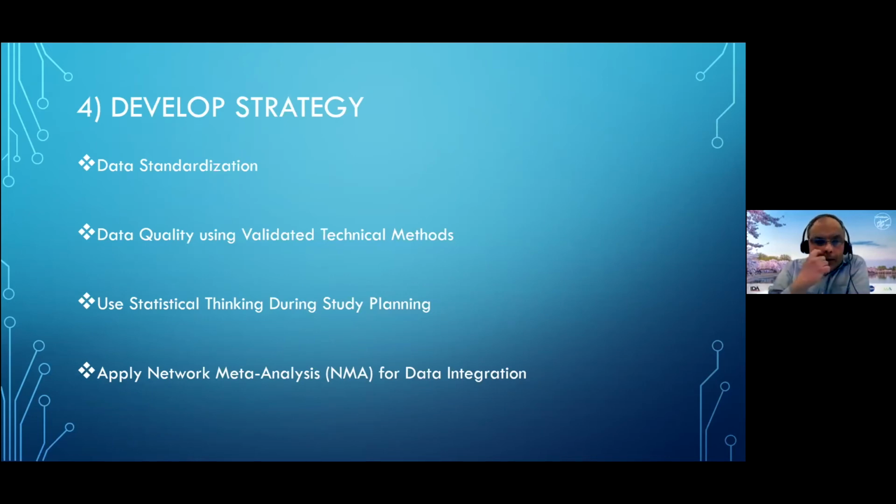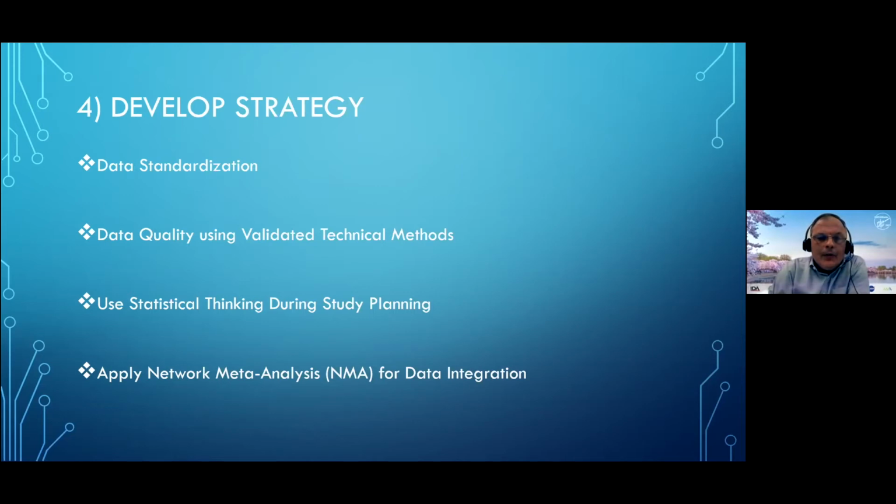The next stage is to develop strategy. There are 4 critical things that I would like to mention. First thing is the data standardization. I kind of covered this with the product annotation hierarchy. But overall, unless you organize and get very digitized, there are a lot of data coming through different Excel files, different sources, and it causes difficulty and time to process the data.